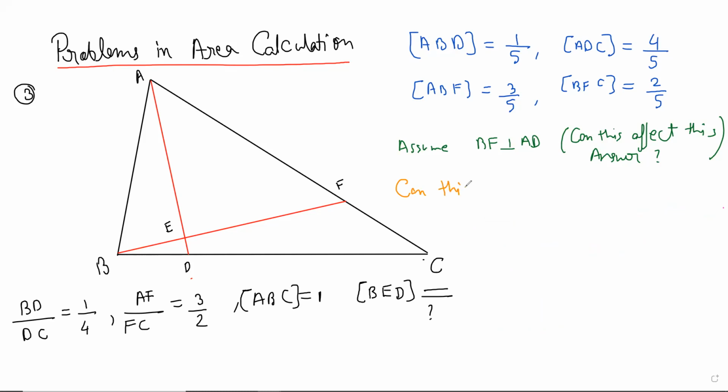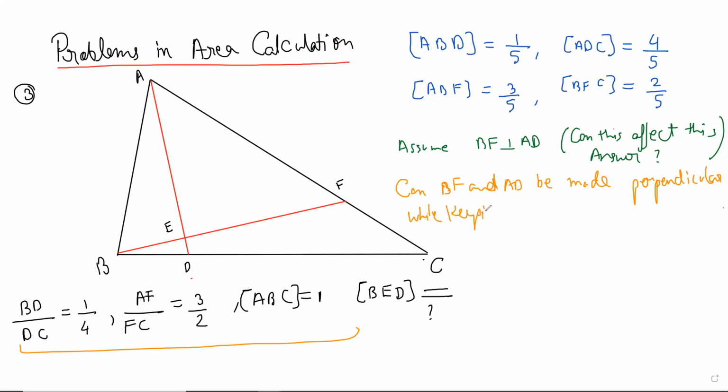So can BF and AD be made perpendicular while keeping the other given information the same?